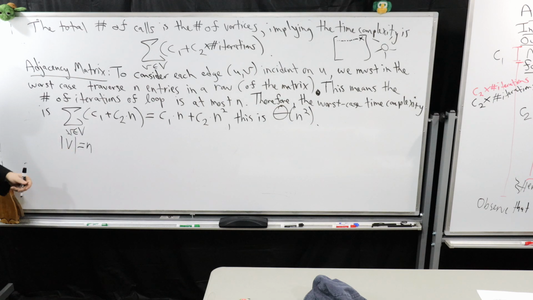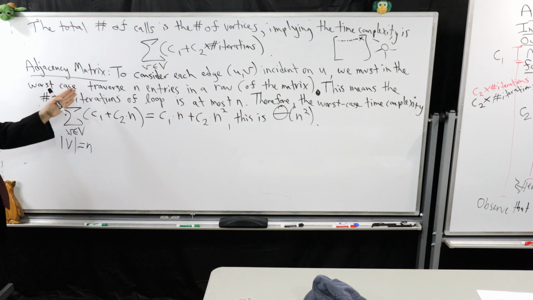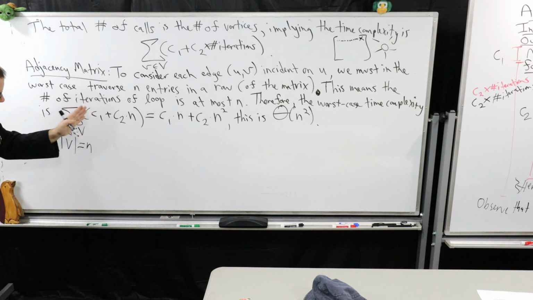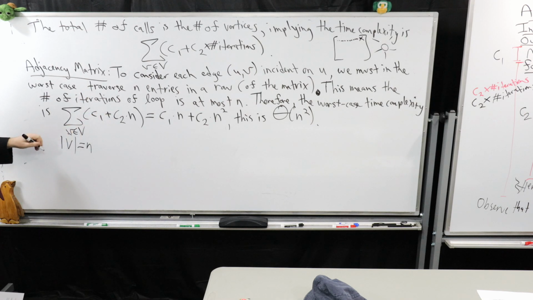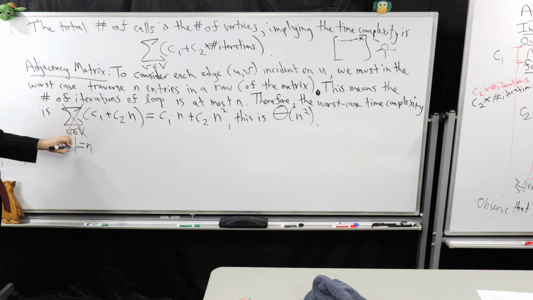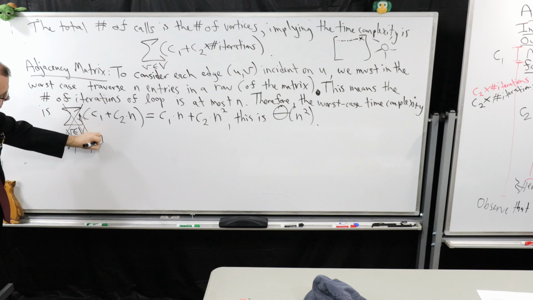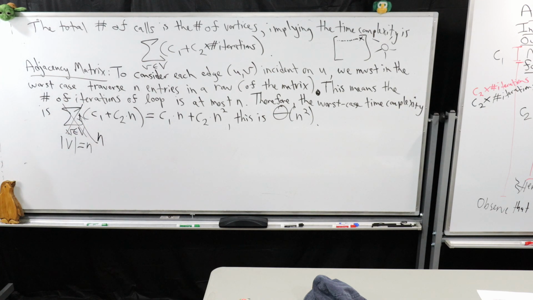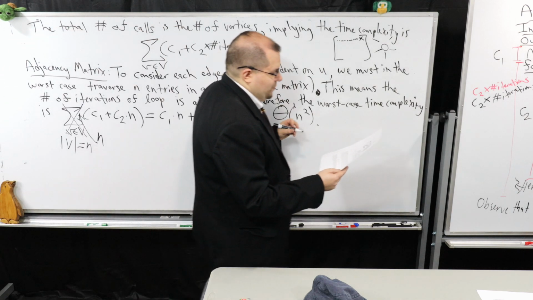If there's n of them, then surely this is going to be n times C1 plus C2 times n. And if you don't like this being here, you could easily scratch that and just put an n right here. Does that make it a little clearer? You just put n right here and then distribute it through the terms. I'm just trying to be careful.